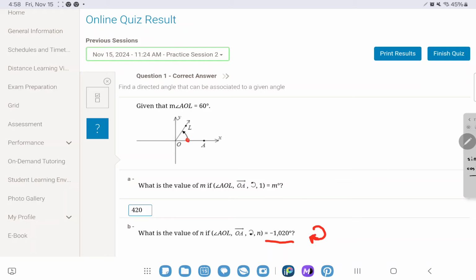So you're gonna start like this and move. We know that there's one turn, that's 360, and then another turn, that's 720, right? And then, wait, my calculator isn't working. 1020.